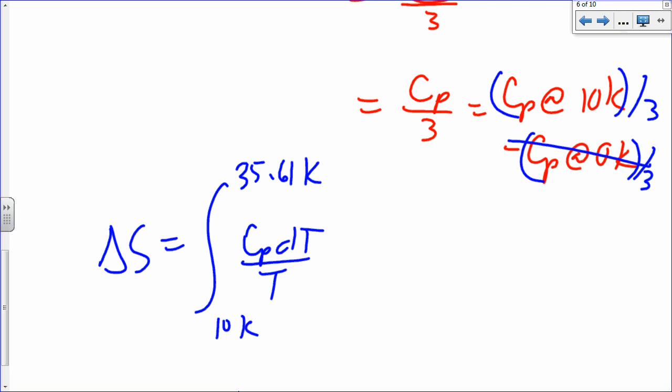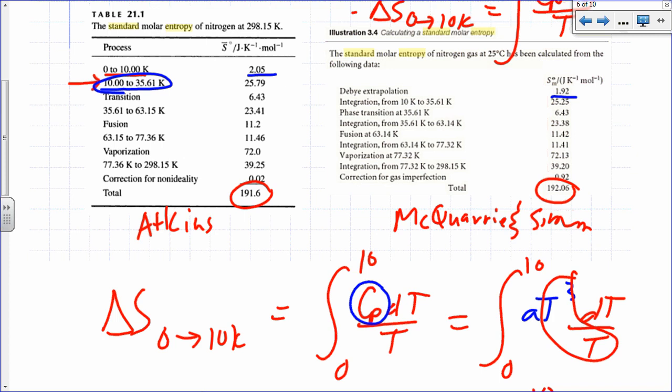Experimental values are available for that one. You can see the numbers are pretty close: 25.79, and Macquarie and Simon gives 25.25.